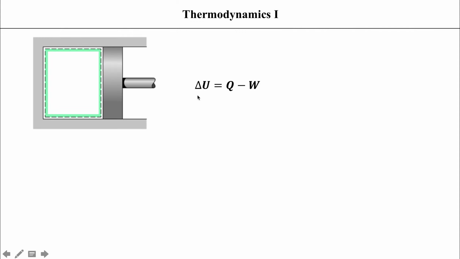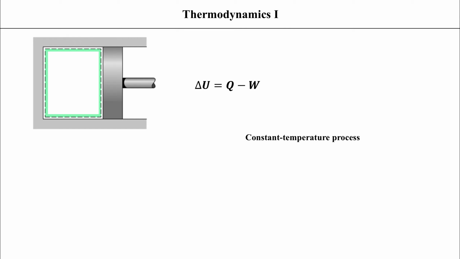And now the fourth one is another instance where say you have internal energy not changing here. Okay. Or in other words, let's look at it from a different angle.